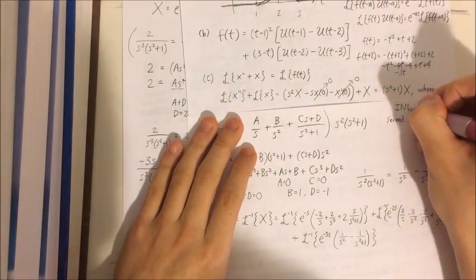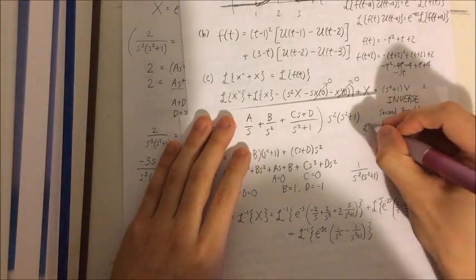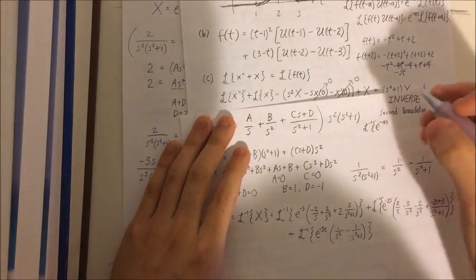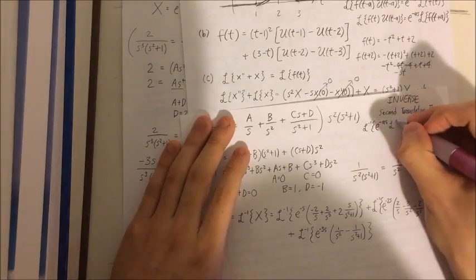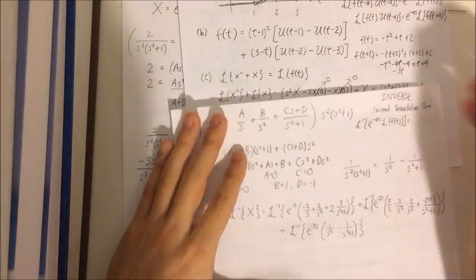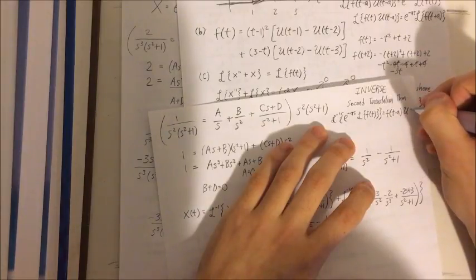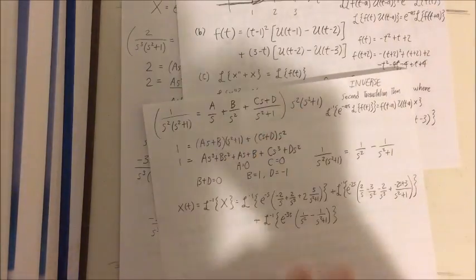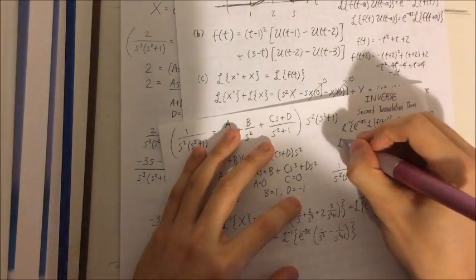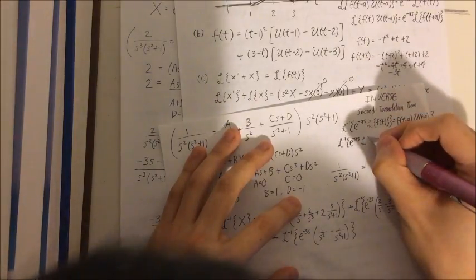The inverse Laplace transform of e to the negative a s times the Laplace transform of f of t should equal f of t minus a times the unit step of t minus a. And the other form would be e to the negative a s times the inverse Laplace transform of this.